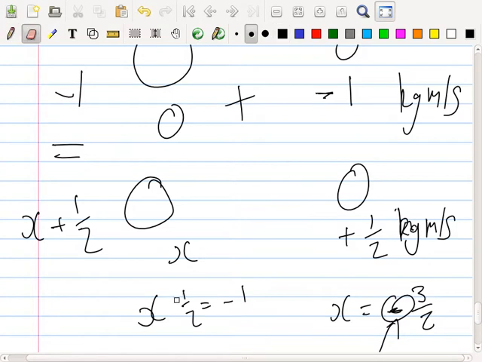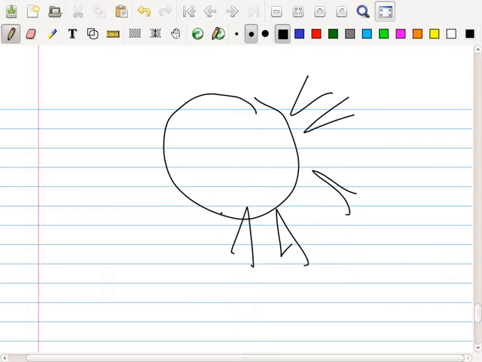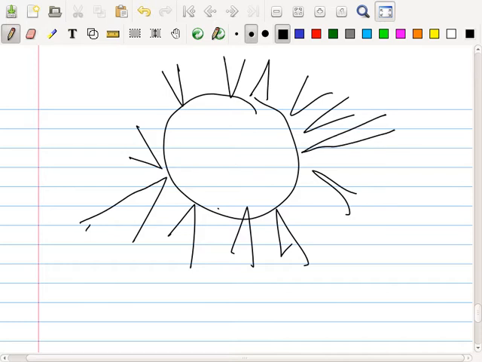Okay, I understand. Now, if the particle is very big, it hits from all different directions. But suppose one is missing from here.